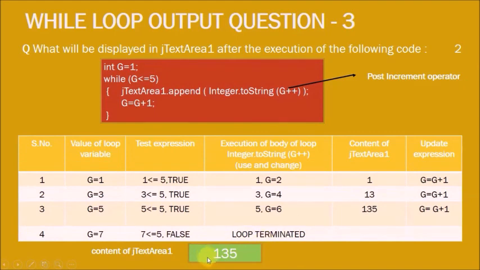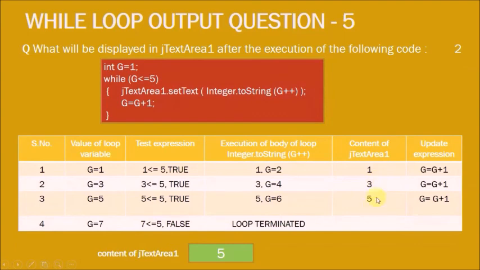In the case of append, the contents were 1, 3 and 5. It was retaining the previous content also, the append method, but the setText method erases all the previous content and puts the new content in JTextArea1. So only the last value is visible in JTextArea1 and the content of JTextArea1 is 5.